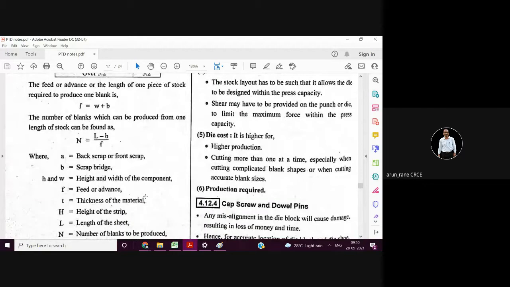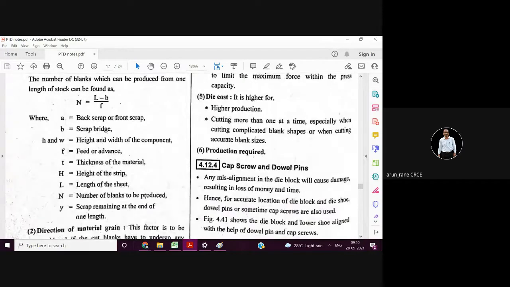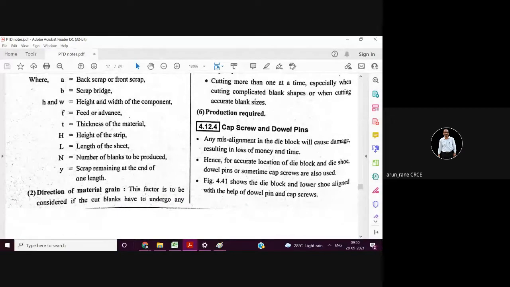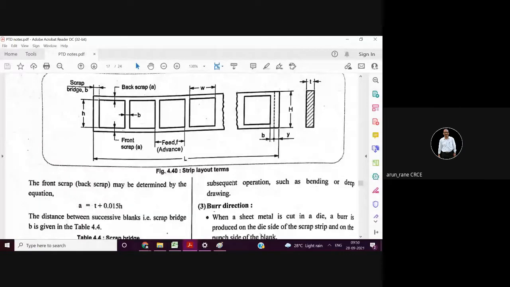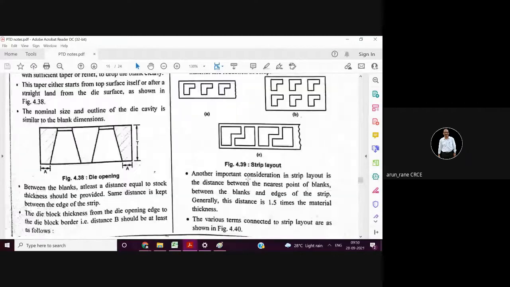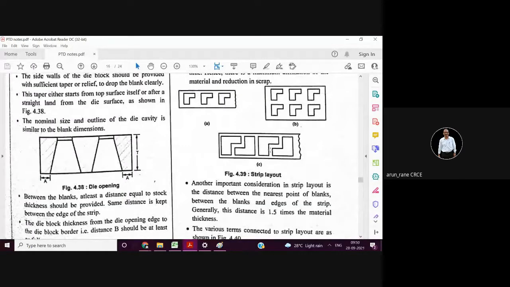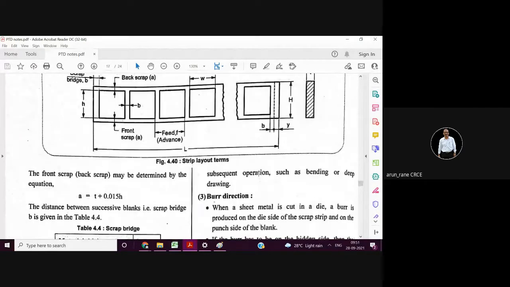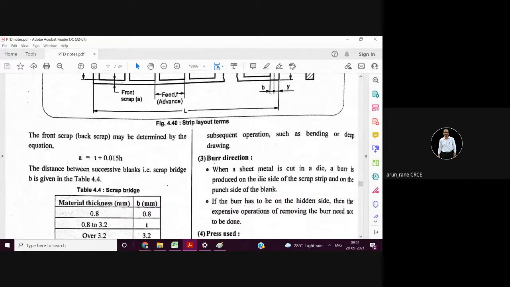Once you get the pitch, then you can find out the number of components. So if you assume that these are the 3 layouts, 1, 2, 3, then if you change the feeding direction of the strip, you will get a total of 6 options. And whichever gives you higher utilization, that you have to select.